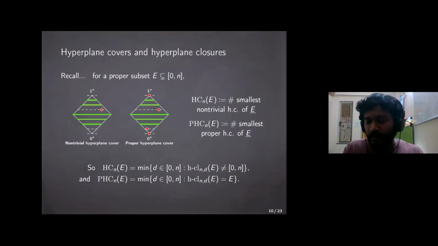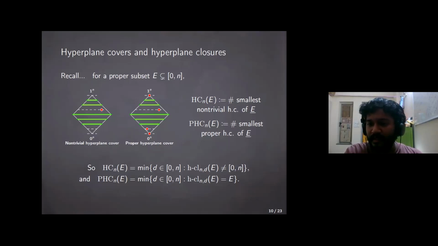The converse is also true. We start with a non-trivial hyperplane cover, look at its corresponding polynomial, it will fall here. And therefore, the smallest size of a non-trivial hyperplane cover is exactly equal to the smallest degree corresponding to which this hyperplane closure is non-trivial, not equal to 0 to n.